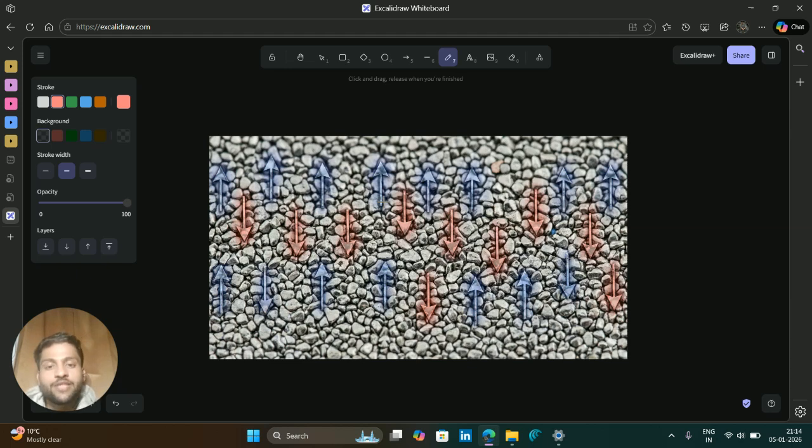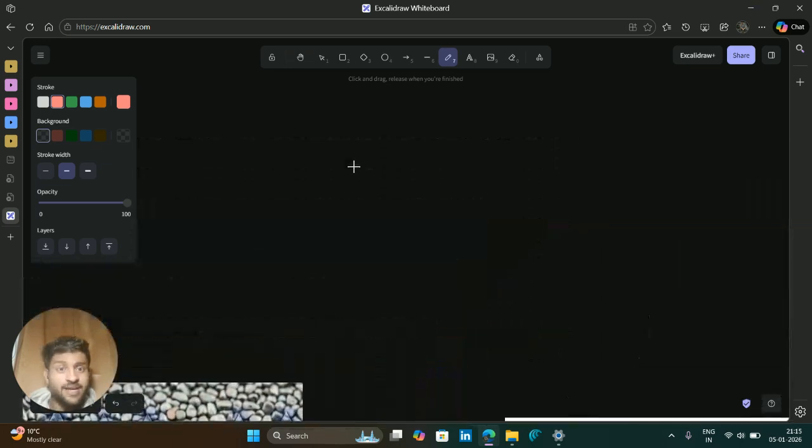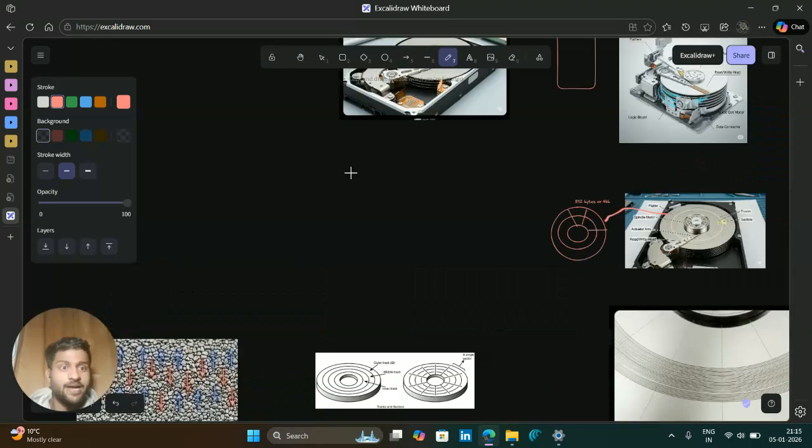Whenever you write some data in 1 or 0 form, if it is 1, the direction will be changed to north or south. So when we read that data, it will get a small amount of current, so the read and write arm understands that it is 1. If it doesn't receive any current, then it is 0. This way the data is read.